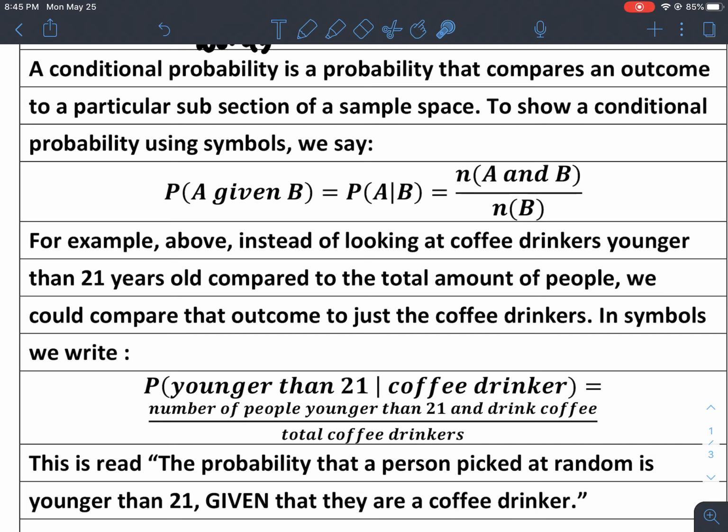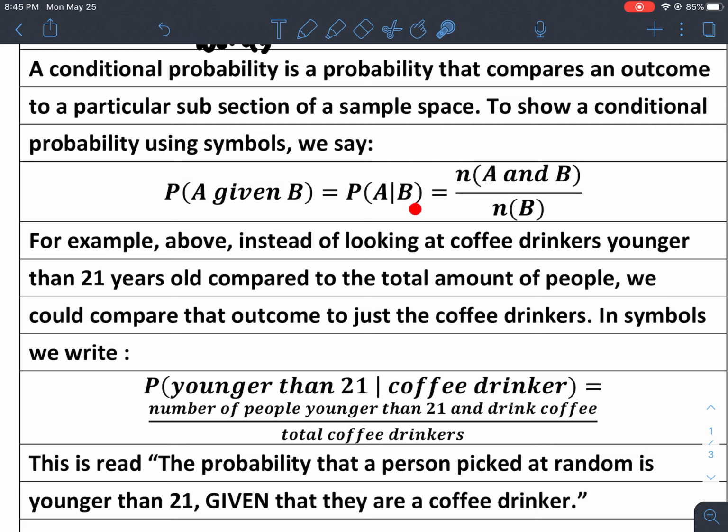And to use conditional probabilities in symbols, we say that P, the probability of A given B, is the same, writing it a different way, as: probability of A, and then we have this line.